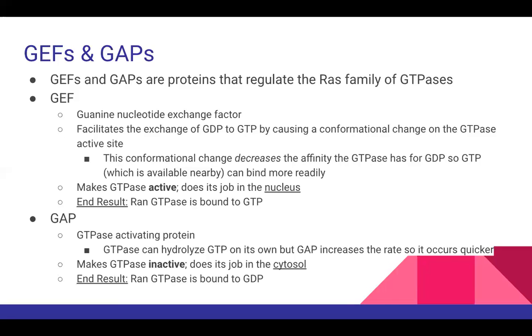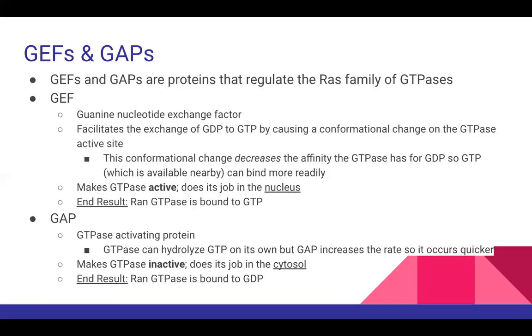GTP is present in higher concentrations outside of the binding pocket, so it will diffuse into the binding pocket once GDP is removed. The end result is that it makes the GTPase active, so it can do its job in the nucleus, and RAN is bound to GTP, sorry.